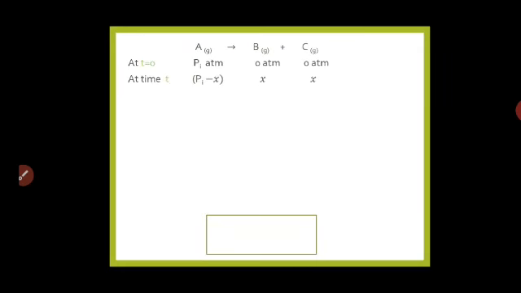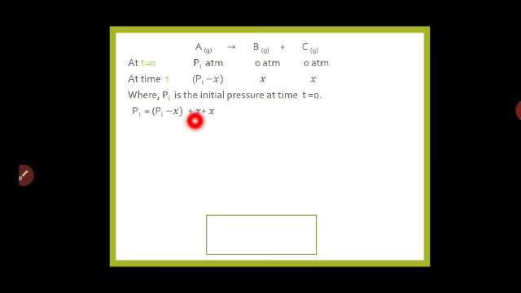Then, where Pi is the initial pressure at time T equal to 0, Pt is given, according to the first equation I told you, as Pa plus Pb plus Pc.